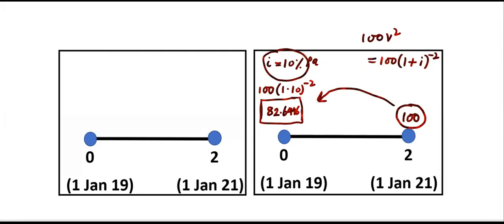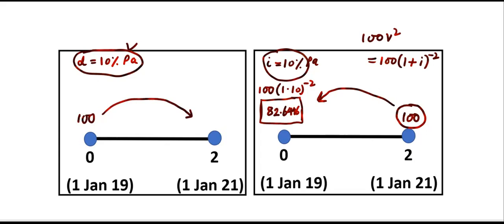Now suppose d is given as 10%, and you have to find the future value. You deposited 100, the bank provided you d of 10%, and how much are you expecting after 2 years? That means here you want to find the accumulated value using d.